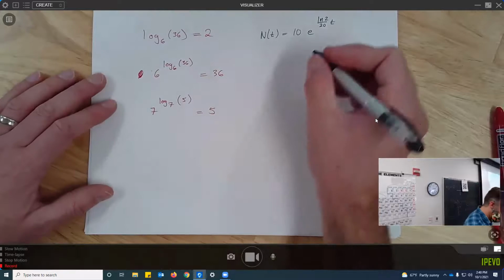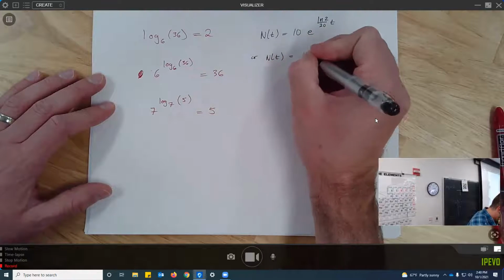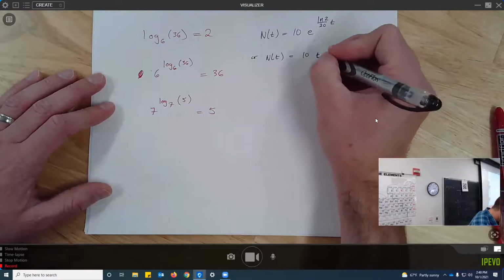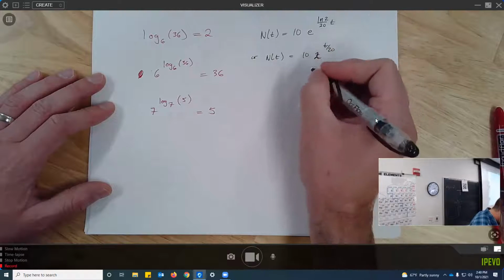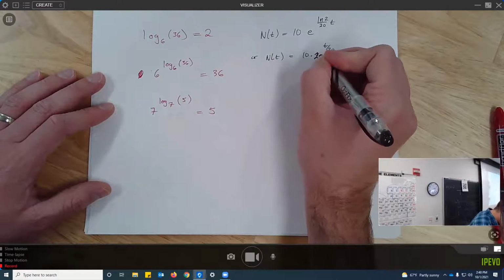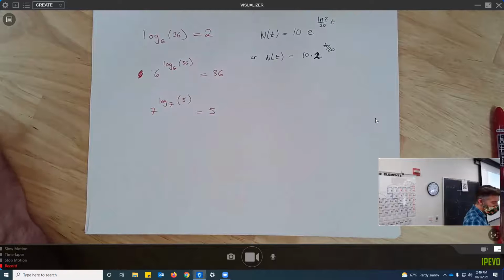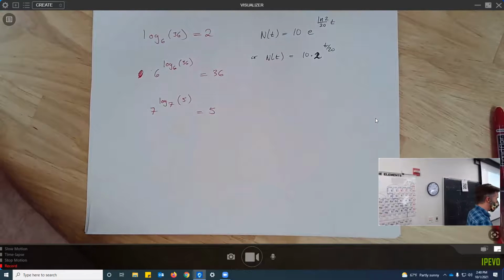But you could also write it as 10 times 2 to the t over 20. Do be careful. You cannot multiply that 10 by that 2. Right? Powers happen before multiplication. So it would be very, very incorrect to say that that was equal to 20 raised to the t over 20. So it's not correct.